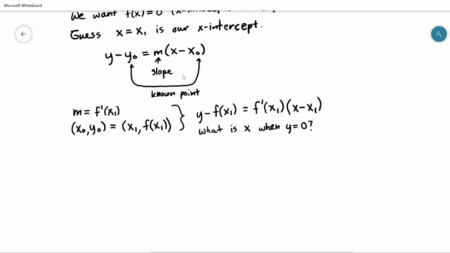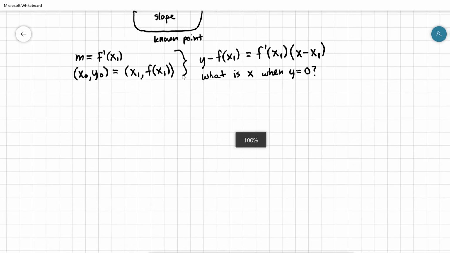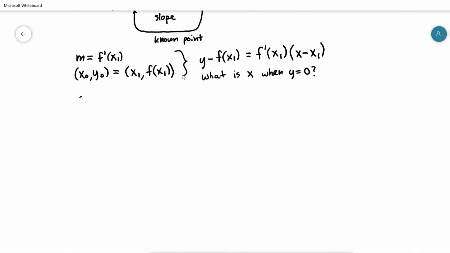If I take a look at that equation, just plugging that point in, we're going to get 0 minus f of x1. All I've done is plug in y equals 0. And that's equal to f prime of x1 times x minus x1. And we want to solve for the x.